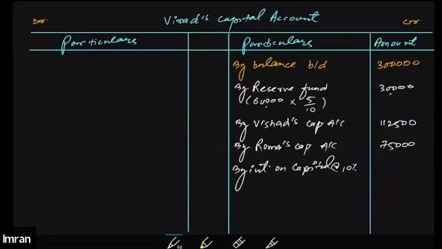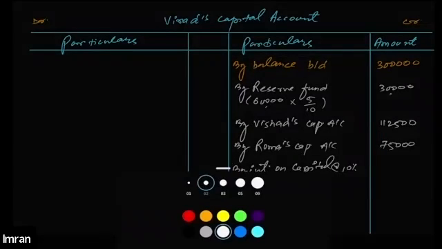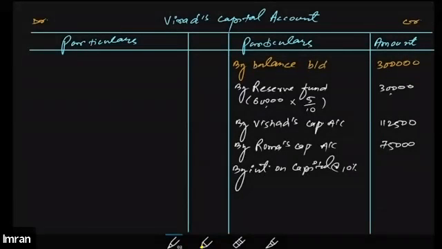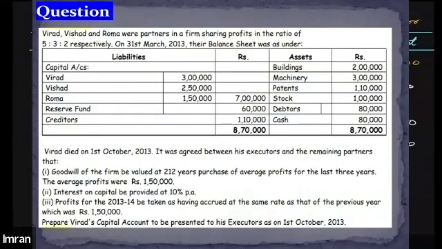Now this is very important. See, what was the amount of capital? Capital was 3 lakh, right? Opening capital balance was 3 lakh. We will calculate interest at the rate 10% per annum. But since he died on 1st of October, that means in this accounting year, he served the business only for the period of 6 months, right?